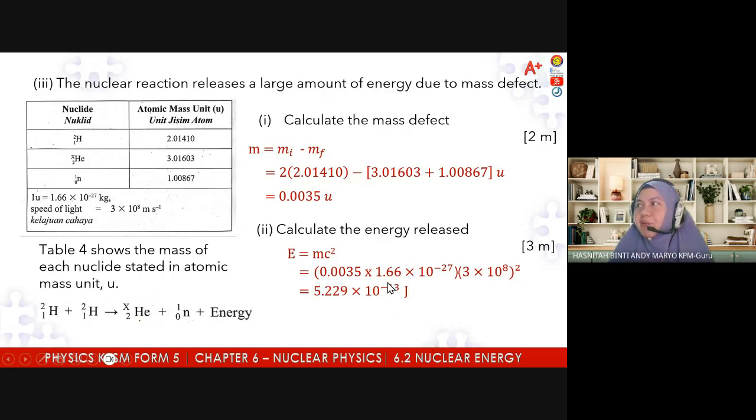Can you check my answer? Is it correct or not? The energy released in this nuclear fusion process is 5.229 times 10 negative 13 joule. Is it correct? Who else do we have here? Who keeps silent?